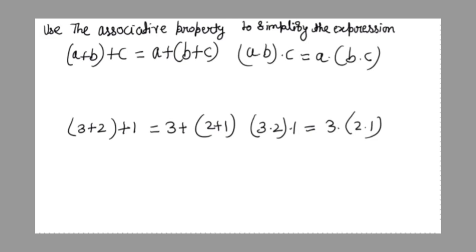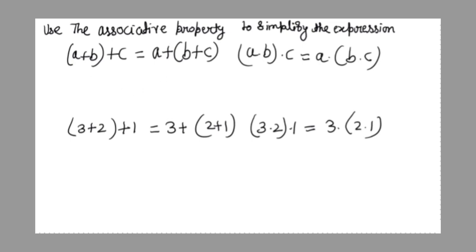So guys, the associative property tells us that if we group together a plus b and then add c to the result of this group, we get the same answer as if we group together b plus c and then add the result of the b plus c group to the number a. We're still going to get the same answer.